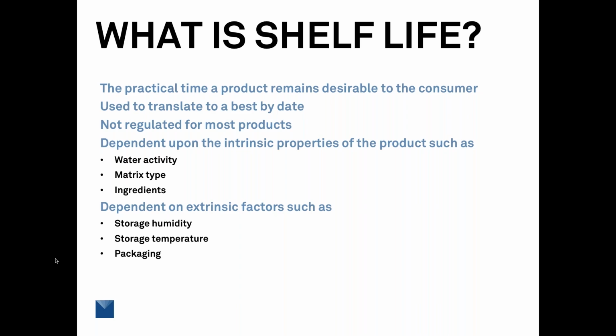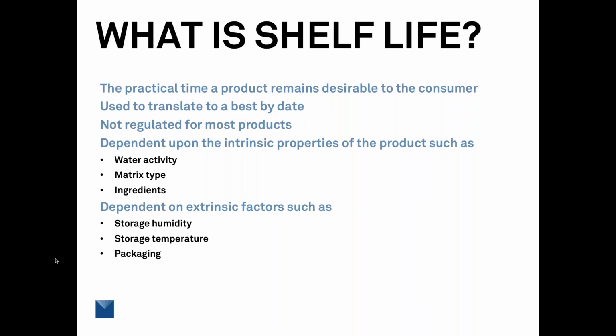This is obviously going to depend on a lot of different factors: what type of product, what happens to the product, how it's stored, how it's handled. A lot of things contribute to shelf life, but basically what we want to find out is how long the product remains in a form that's acceptable to consumers and they'll actually purchase the product.